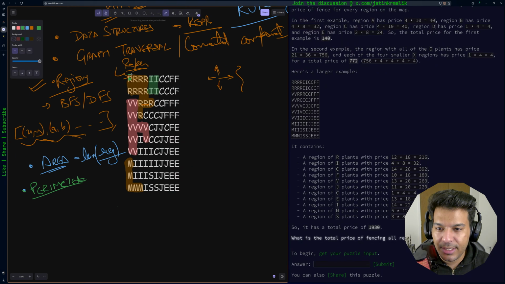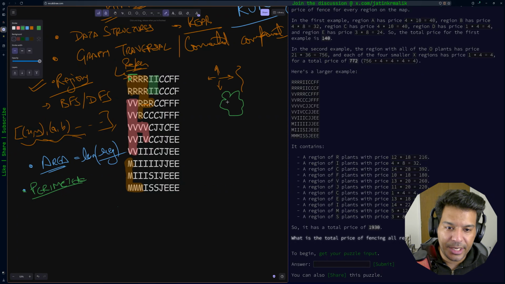Let's say we follow the same BFS approach. If you go right and find the same neighbor type, you go right. Whenever you're calculating the perimeter, you don't care about the internal detail. All you care about is finding the edges and the boundaries.